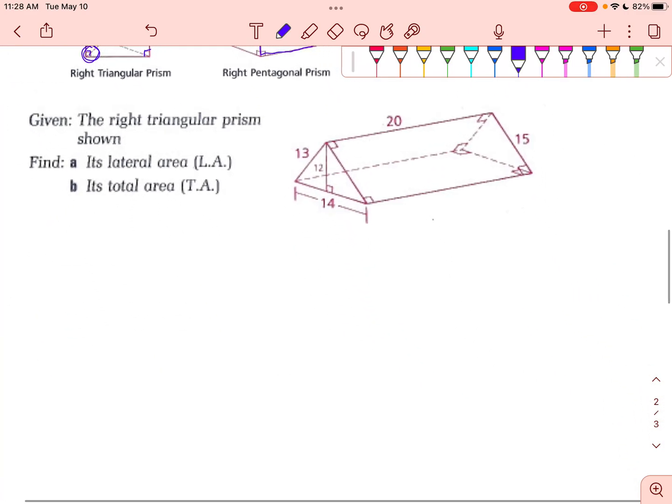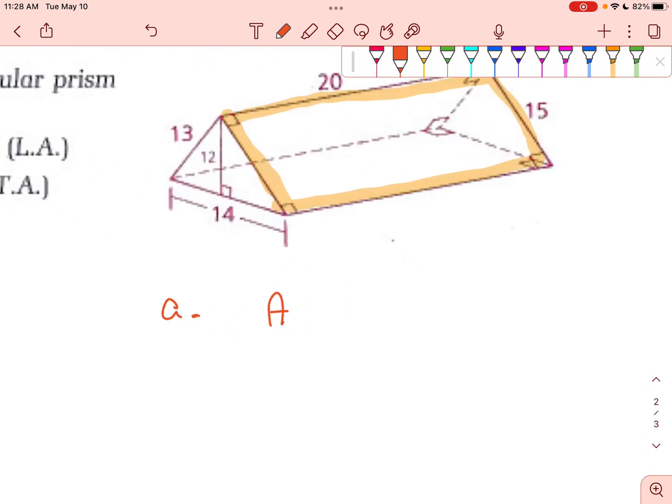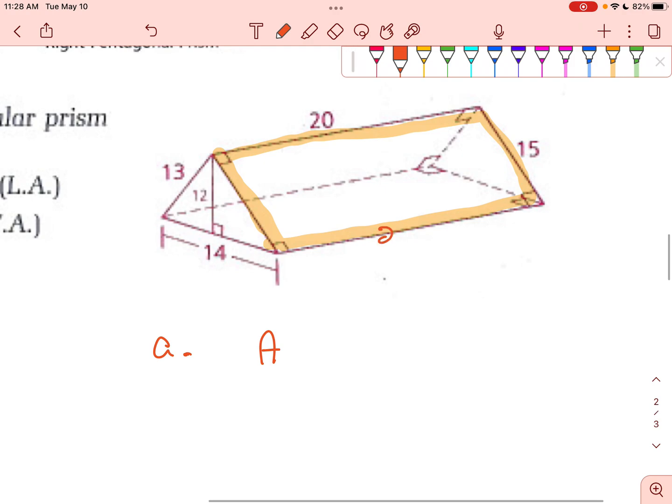Okay, so let's talk about how we find the lateral area. To first find the lateral area, you will need these rectangles right here. So I'm going to start with this orange rectangle. I'm doing part A, the lateral area. The area of the orange rectangle is going to be the base, which is 20, times the height, which I don't have, which means I'm going to have to find it.